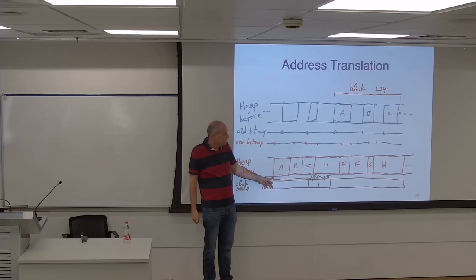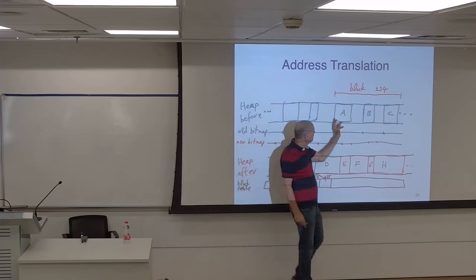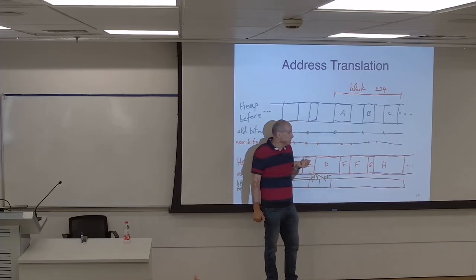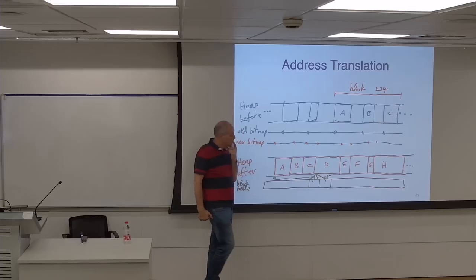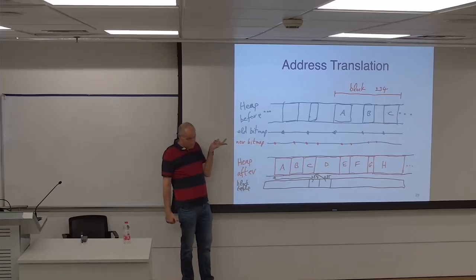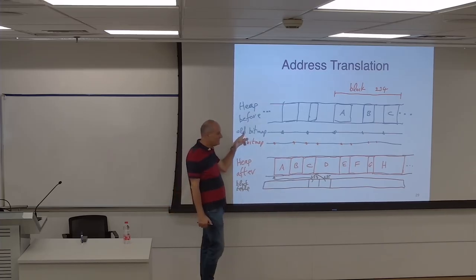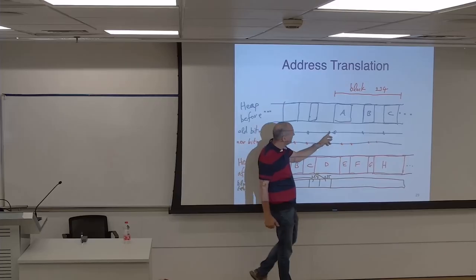Can't we just read the block? You can read it, but how do you know where an object starts? Maybe we have this information here, the old bitmap. This would tell me, right? I come to the beginning of the block.